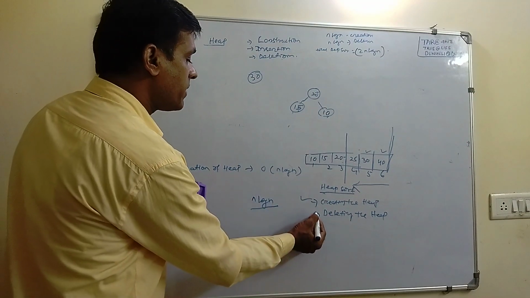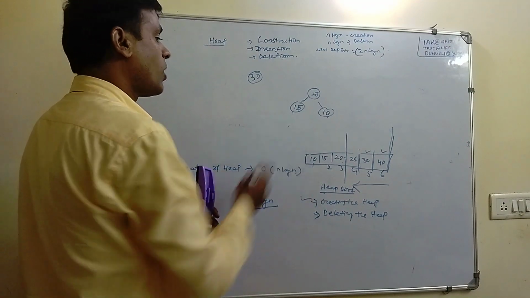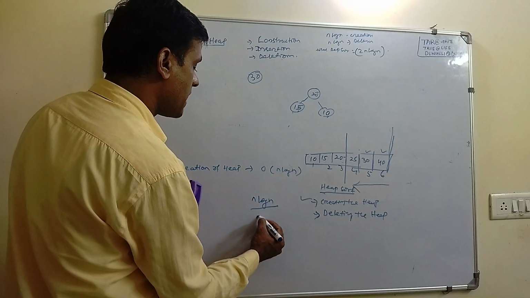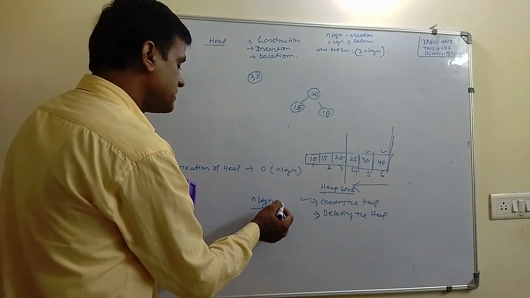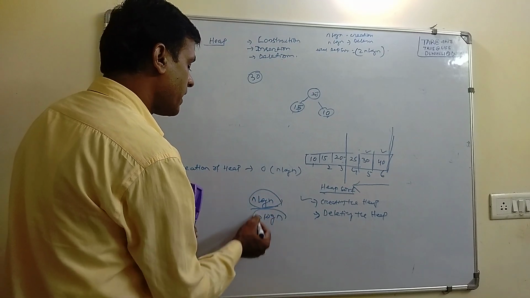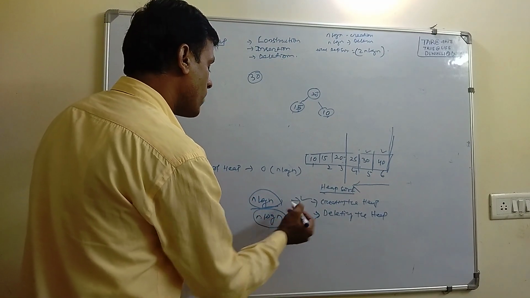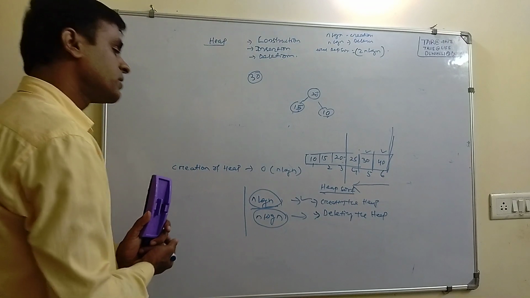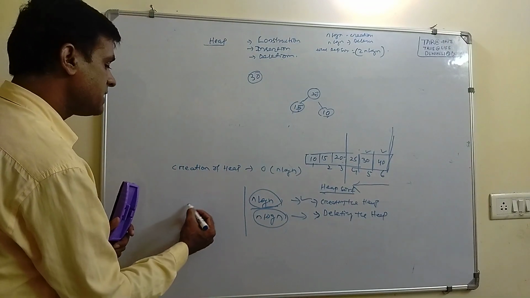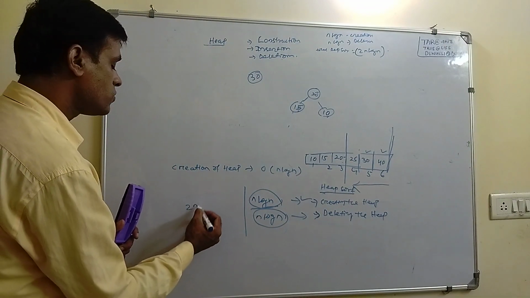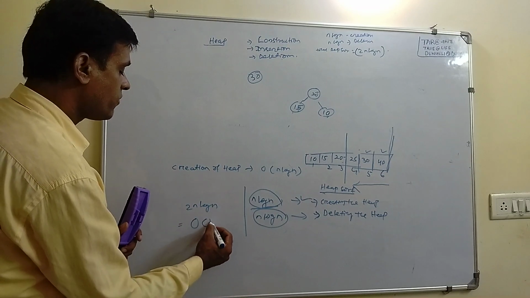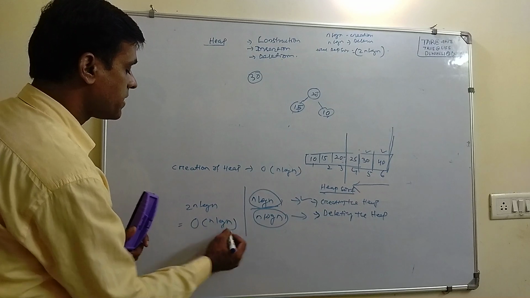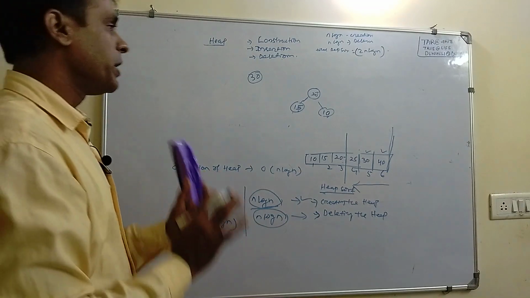And whenever you are deleting the elements, you take the same amount of time for deletion. If it is n log n for creation and n log n for deletion, then what is the time complexity for heap sort? It is n log n plus n log n, that is 2n log n, which you can say is order of n log n. This is the time complexity for heap sort.